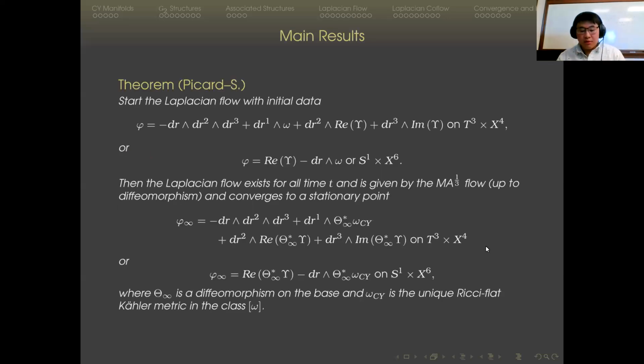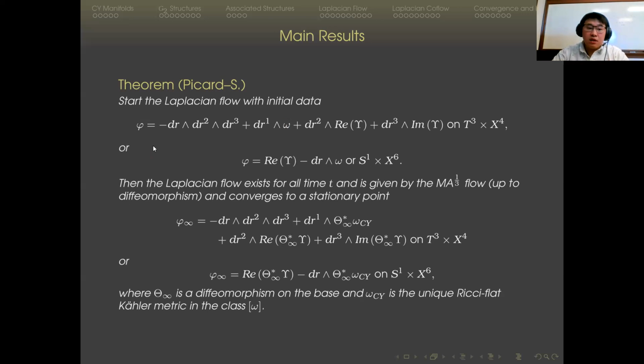So more specifically, I'll just flash the main results that we had: if we start the Laplacian flow of G2 structures with some initial data, this phi is the G2 structure, and we can see it depends on this omega, this scalar form, and this upsilon, which will be our holomorphic volume form in either case.